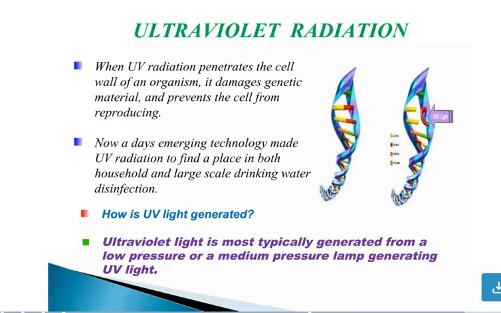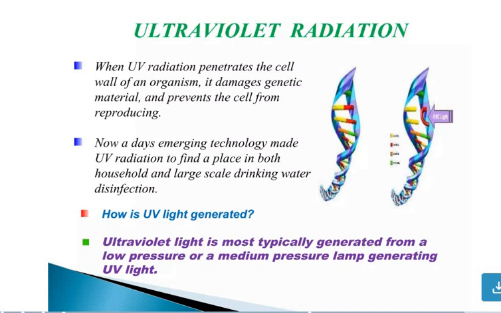So ultraviolet radiation. When UV radiation penetrates the cell wall of an organism, it damages genetic material and prevents the cell from reproducing. Nowadays, emerging technology has made UV radiation find a place in both household and large-scale drinking water disinfection.